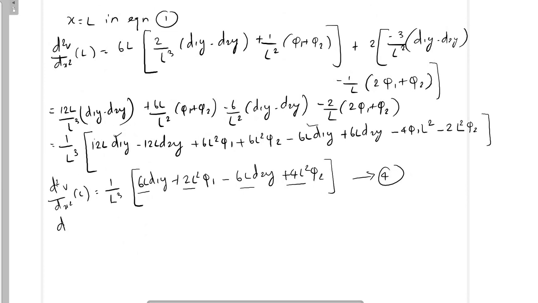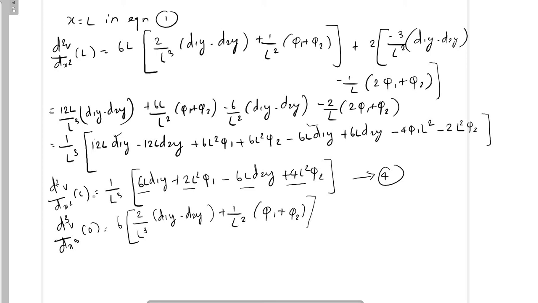So now d cube v by dx cube at 0. All the values are constant, there is no variable of x. So d1y minus d2y plus 1 by L square (pi 1 plus pi 2). So you separate all the terms.